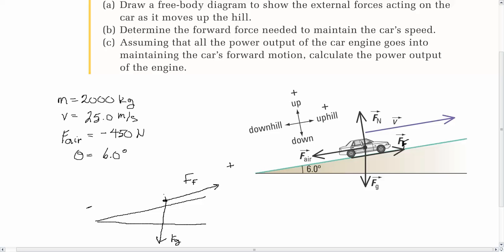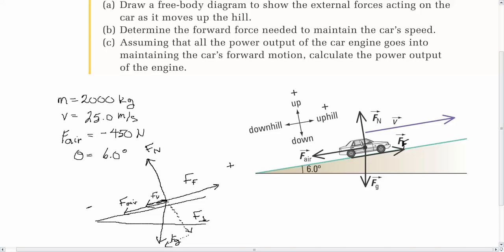We have our normal force that is equal and opposite to the perpendicular component of the force of gravity. So that's the component that acts down, perpendicular to the plane. And here we have our force of gravity that acts parallel to the plane. It's pulling the car back down the plane. And then we have our air resistance, which is acting down.